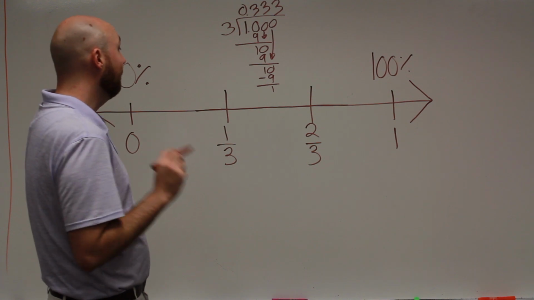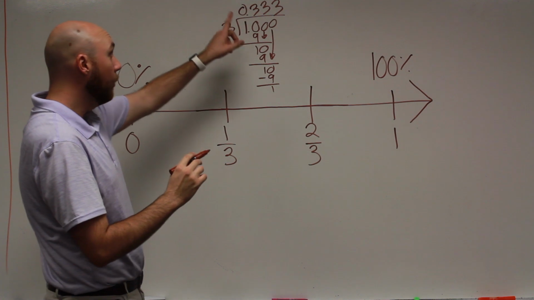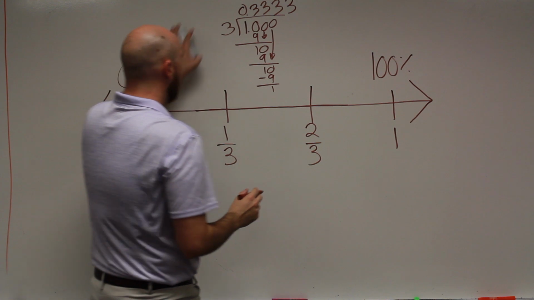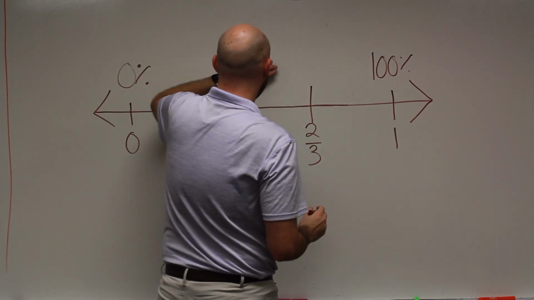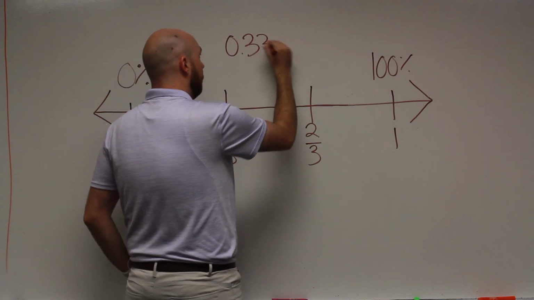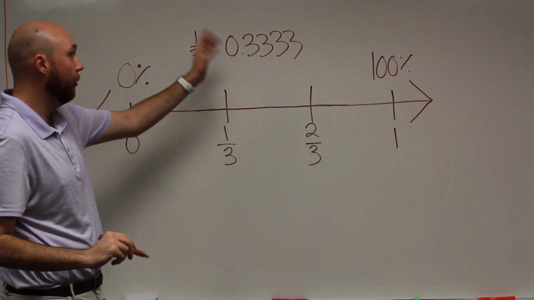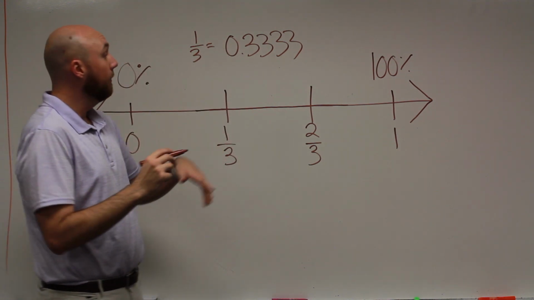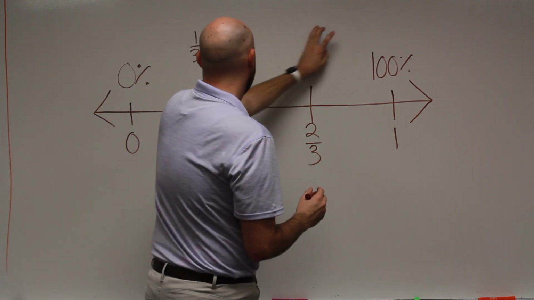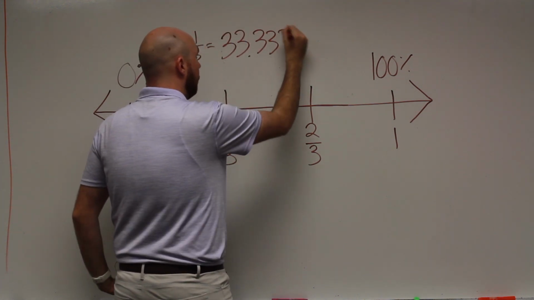The reason this is a little confusing, because we know it's never going to stop. And I'm going to add one more 3 for this purpose. And I'm going to rewrite this so you can get a better view, because I really need you to see what's going on here to understand it. If we know that 1/3 is equal to 0.33 repeating, when we make our percentage, it's going to end up being 33.333, right?